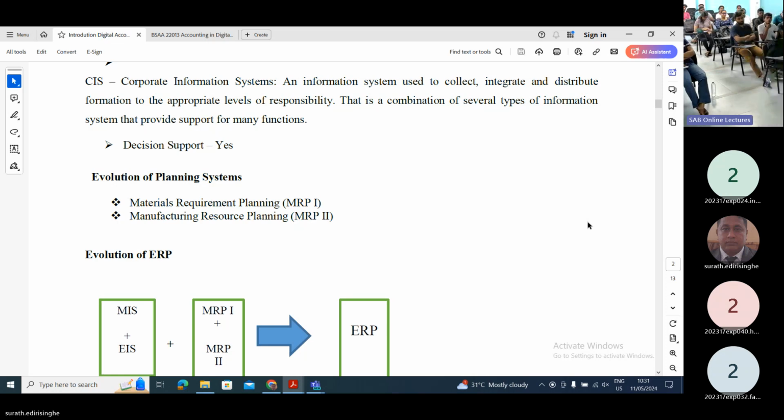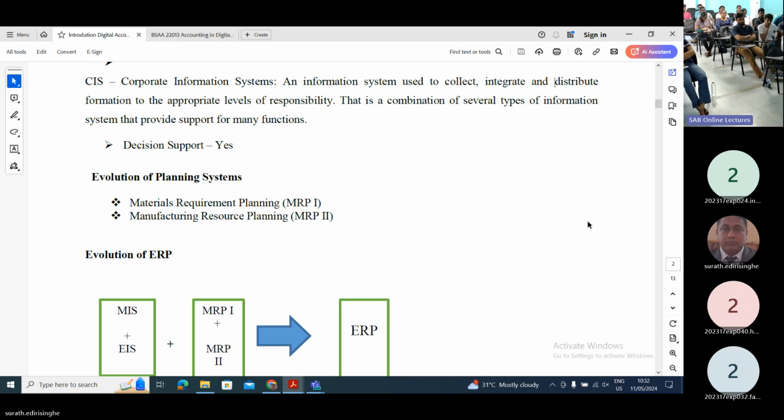Students, first in the MRP, material requirement planning, in the ERP, we develop a plan, a schedule based on your production requirement, output requirement. Let's say you want to produce 1,000 finished goods, a basic example.